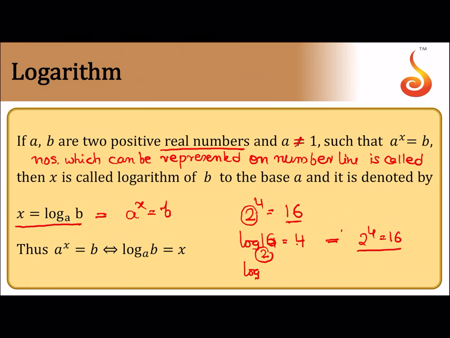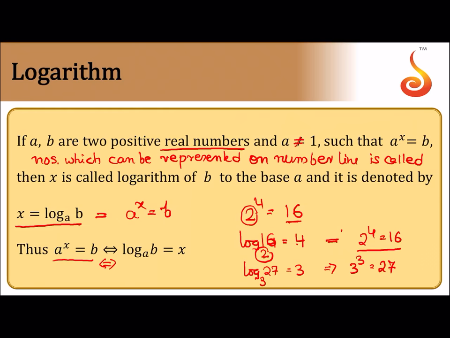Same thing, I took an example here. Log base 2 of 16 equal to 4 means 2 to the power 4 equal to 16. I'll take another example to explain to you. Log base 3 of 27, suppose I write 3. This implies 3 to the power 3 equal to 27.